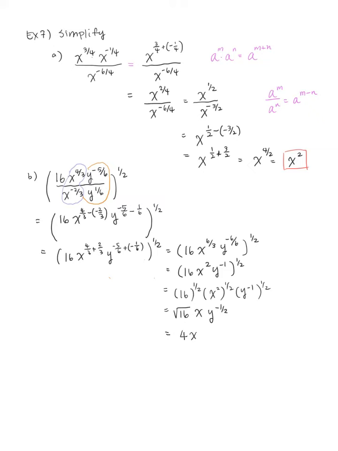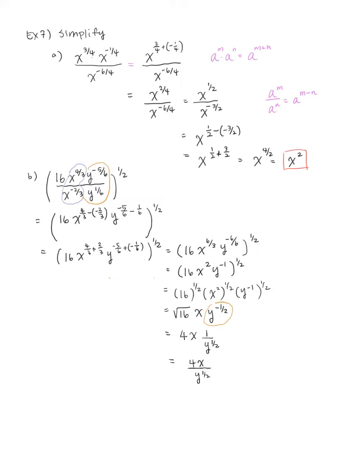Now I never want to see a negative exponent, so let's work on y to the negative 1/2. Do you see what's going to happen? You take the reciprocal of y, which will be 1 over y, and then you attach the positive exponent on the y. So by the way, this expression is exactly the same thing as 4x all over y to the 1/2.